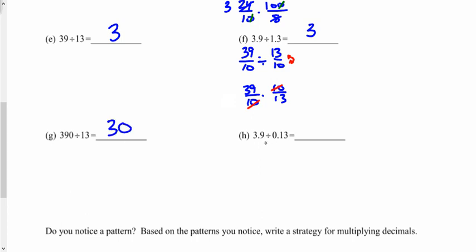And this is much like the problem we just did with our candy as well, right? If I have 39 tenths, and I want to divide that by 13 hundredths, ultimately what I'm saying is, you know what, I don't like dividing by decimals. Let's just convert these into whole numbers.